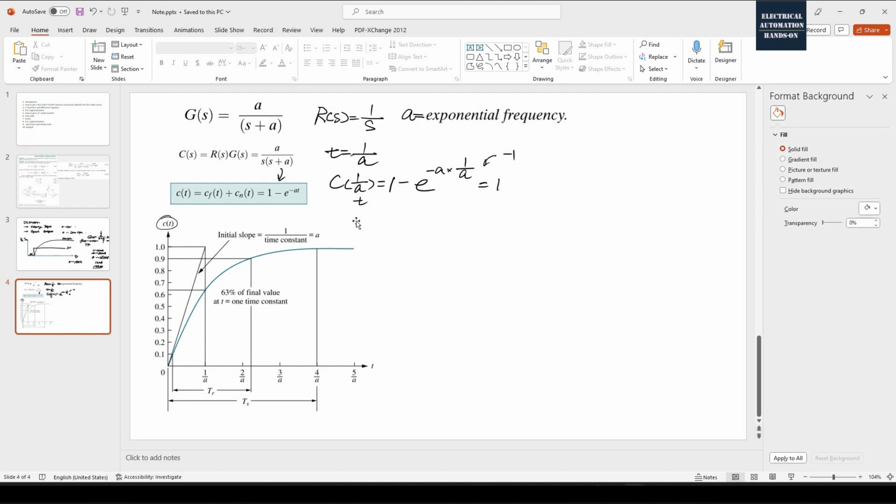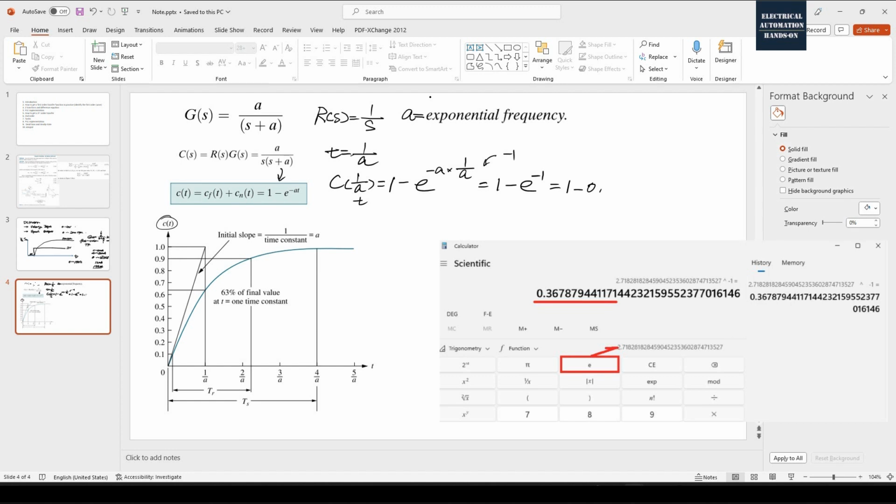Then this equals 1 minus 0.37, which is equal to 0.63. Okay, 0.63. That means if the gain of this transfer function is 1 and we apply a 1 unit signal, then the response will equal 0.63 when the time is 1 over a.